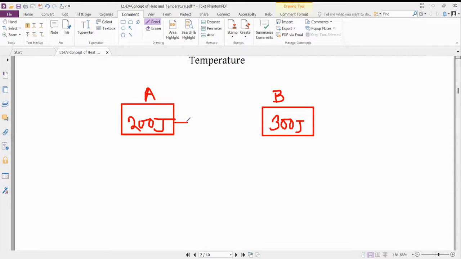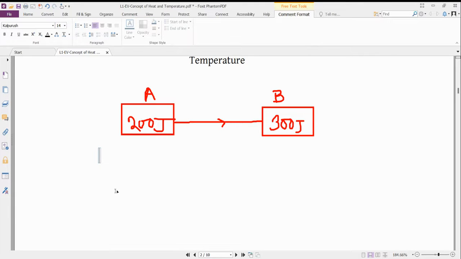If the two bodies are connected, that means if the two bodies are in thermal contact, then the question is, what is the direction of heat?